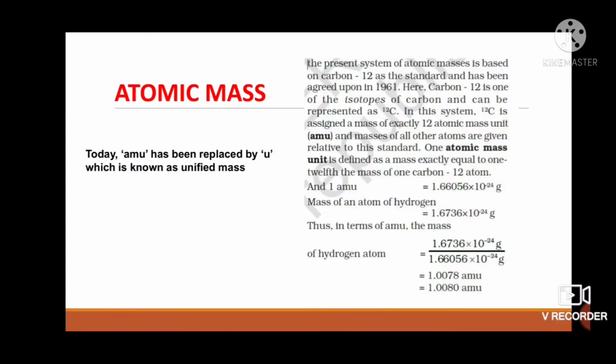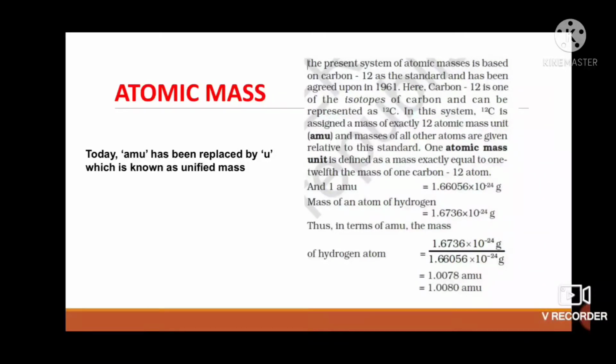But in the 19th century, scientists could determine the mass of one atom relative to another. For that, they took hydrogen as a standard for determining the mass of other elements, because hydrogen is the lightest element, which has atomic mass 1.